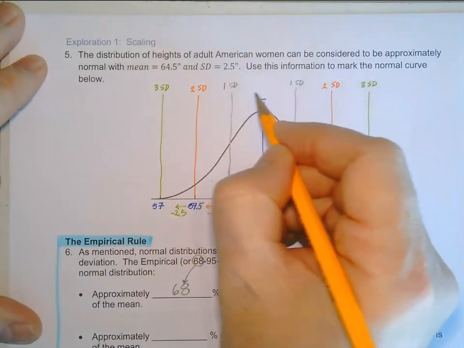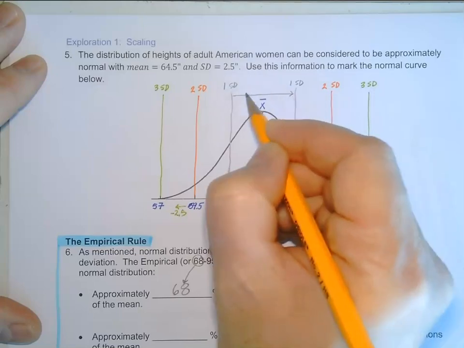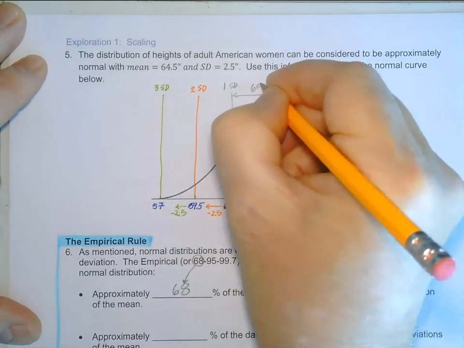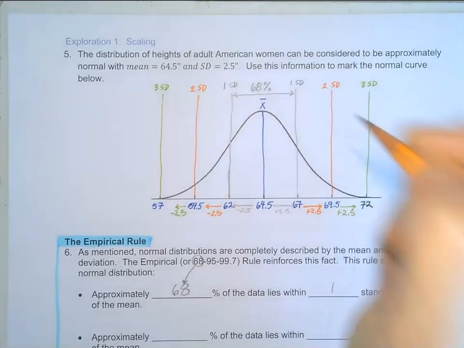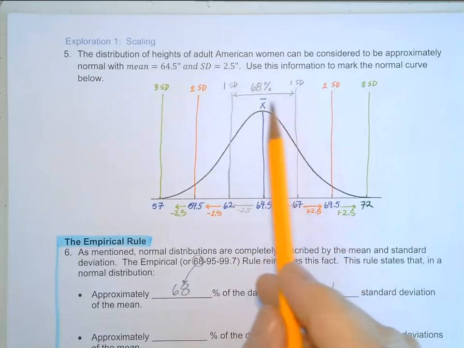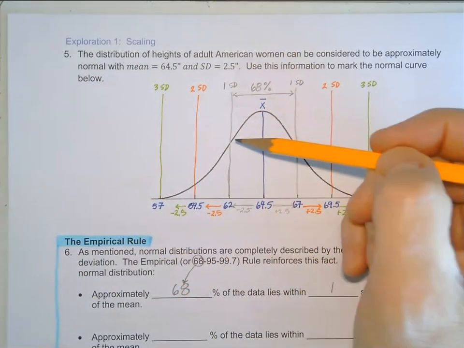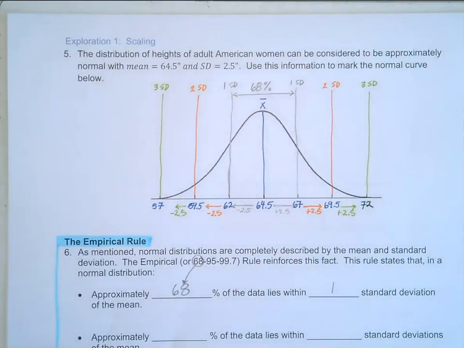So going from right here to here, you will see 68% of the data. Does it look like that's about 2/3 of the curve? Well, because of the height of the curve, yeah. Because remember, that's going to tell us how many. Are we good with that one?